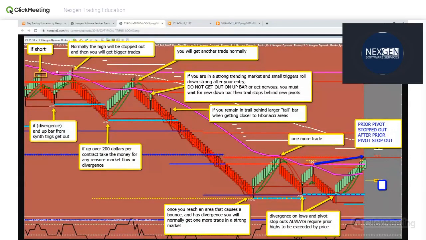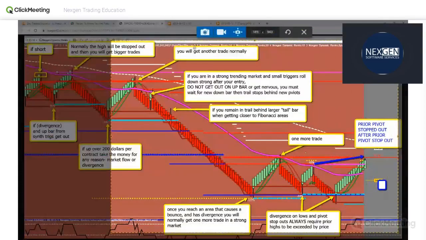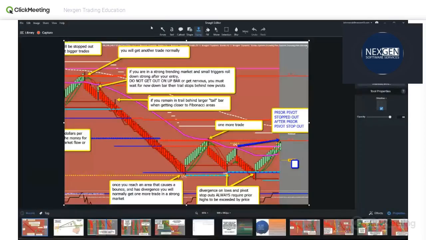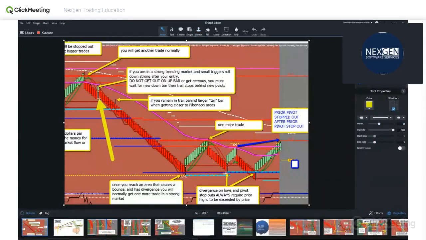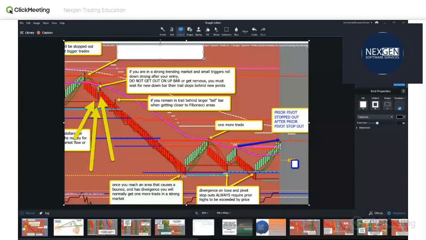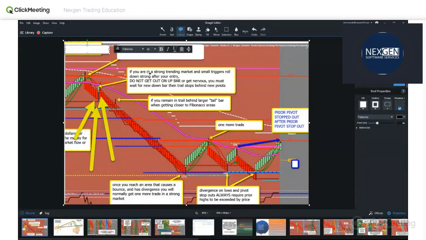But, again, look, watch, let me take a snapshot out of here just so you can see, okay? Right here is where I'm talking about. I'll put a bunch of arrows on it. And again, this is the one that I'm talking about.